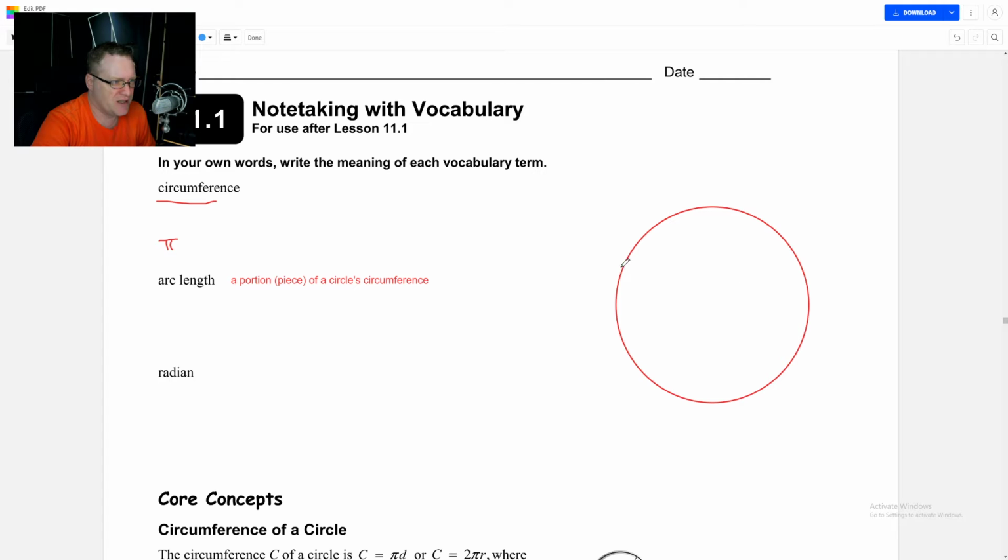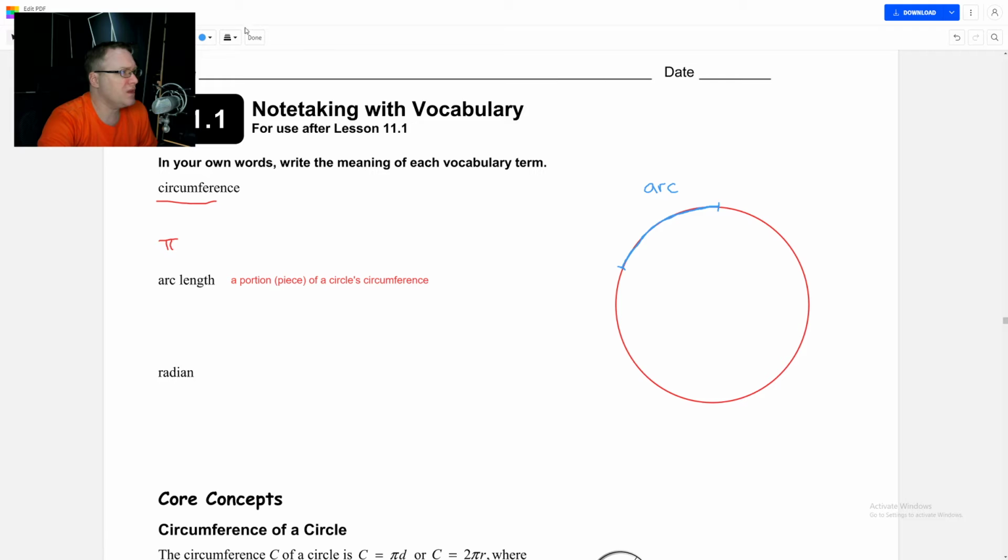So maybe if I take from here to here, and I take this piece of the circle, now we've already said that this piece is called an arc. And the arc length is just the distance of the arc. How long is this line? If we straightened it out and we measured it, how long would it be?